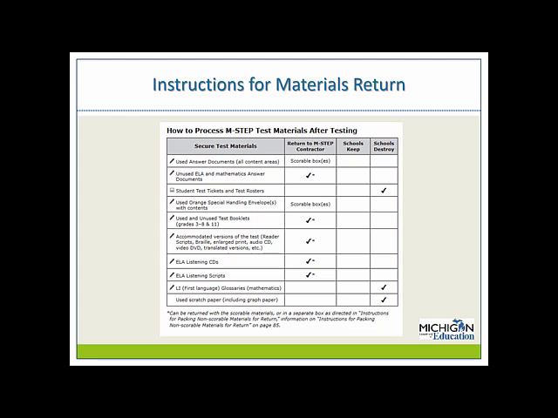Materials to return to the M-STEP contractor include all used answer documents, unused ELA and math answer documents, the orange special handling envelope, all used and unused test booklets, any accommodated versions of the test, and ELA listening CDs and scripts. Items to be securely destroyed, as discussed on the previous slide, are also listed here.